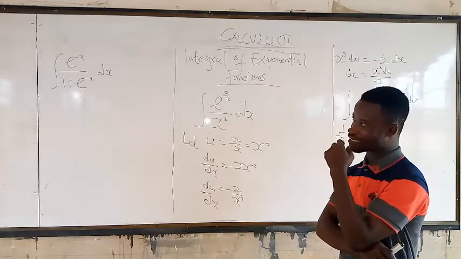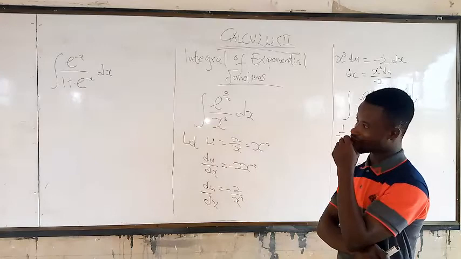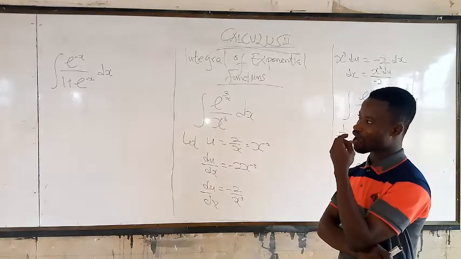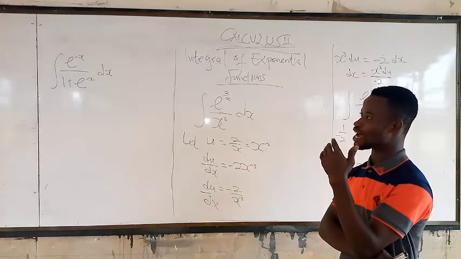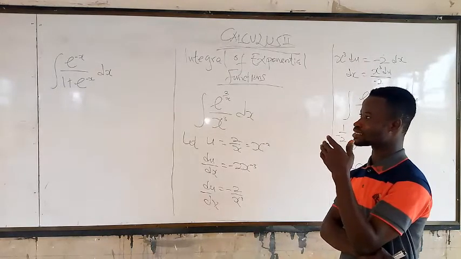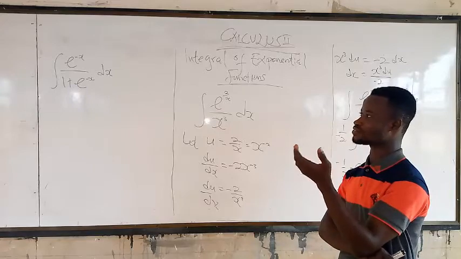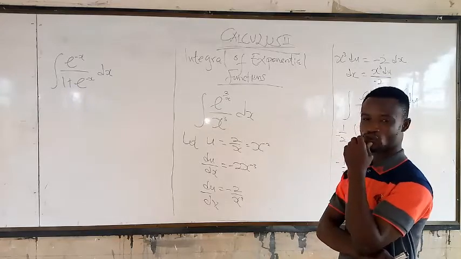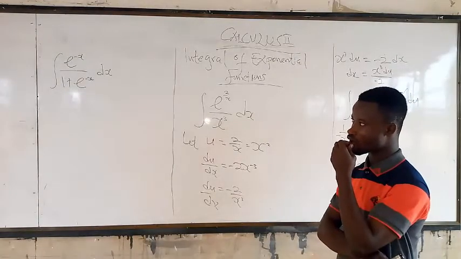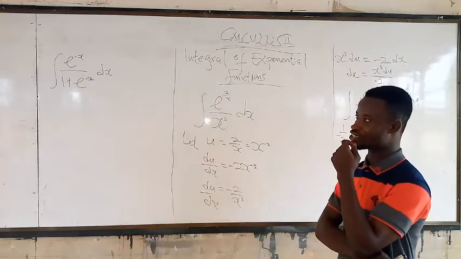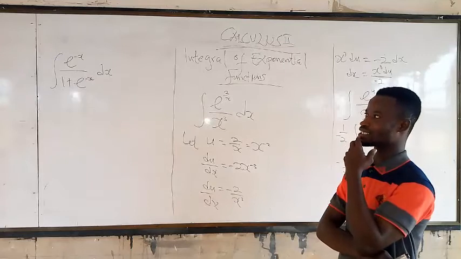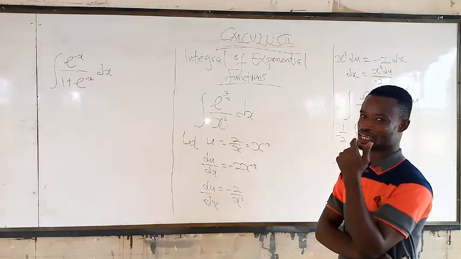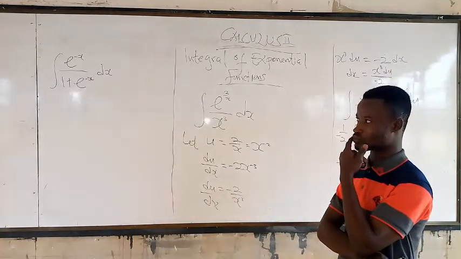When you do it like that, you haven't changed anything, and it's going to be somehow complex for you because you'll be having something like u over 1 plus e raised to power negative s. That will not help you because after setting u to be equal to e raised to power negative s and differentiate it, the thing is going to bounce back again, and what is it going to cancel?